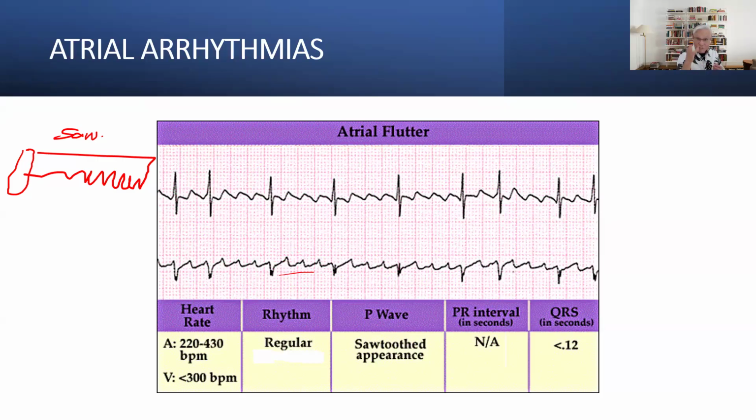So it is fast. So if it's fast, is it contracting? Look at my hand. Will I be able to eject blood if I do this? No. So the implication of this rhythm is that the atria are not contracting well, and therefore it could cause a physiologic effect on the individual.